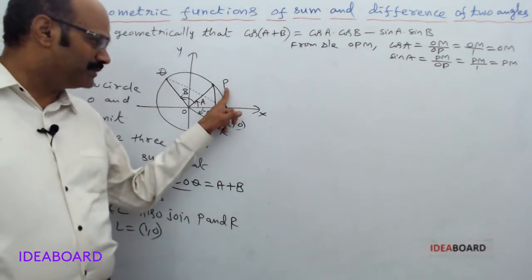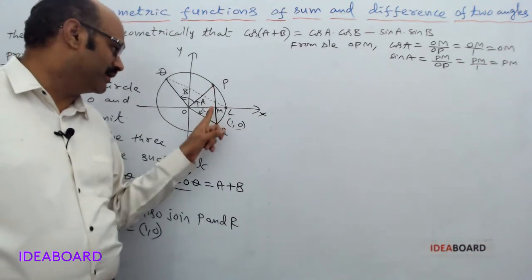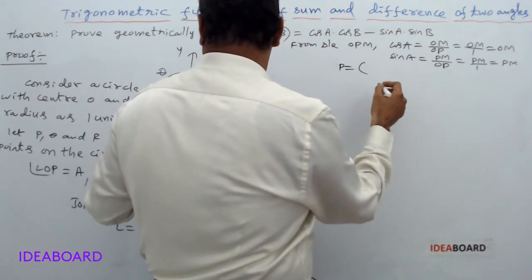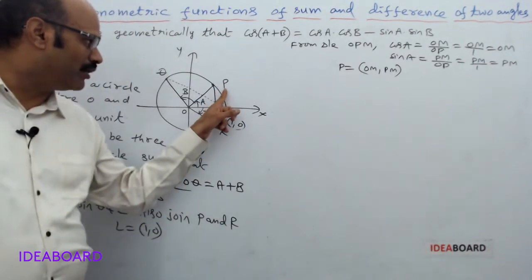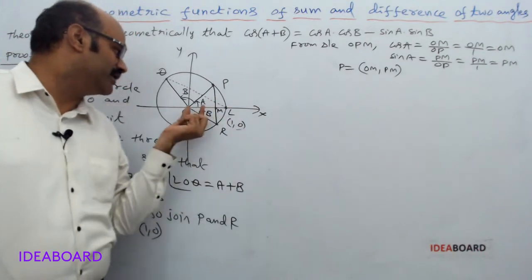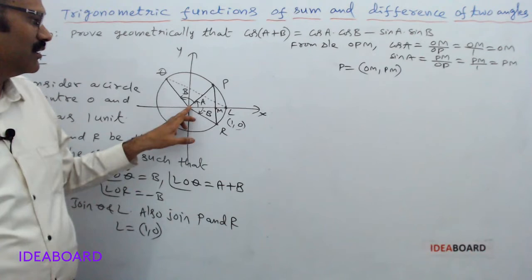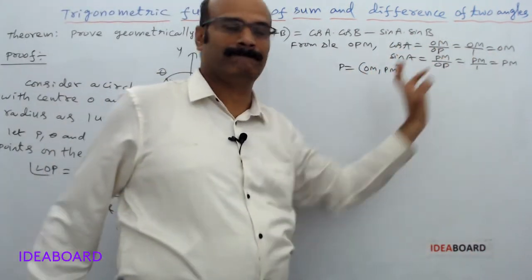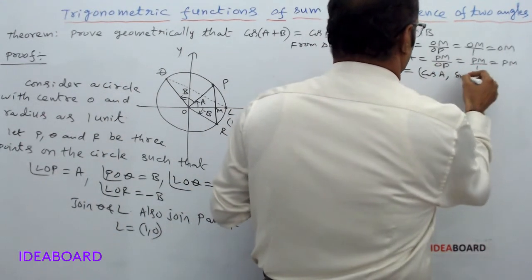Therefore the point P can be taken as x coordinate and y coordinate: P equals OM comma PM, where the x coordinate is OM and the y coordinate is PM. We got OM equal to cos A, so P is cos A comma sin A.